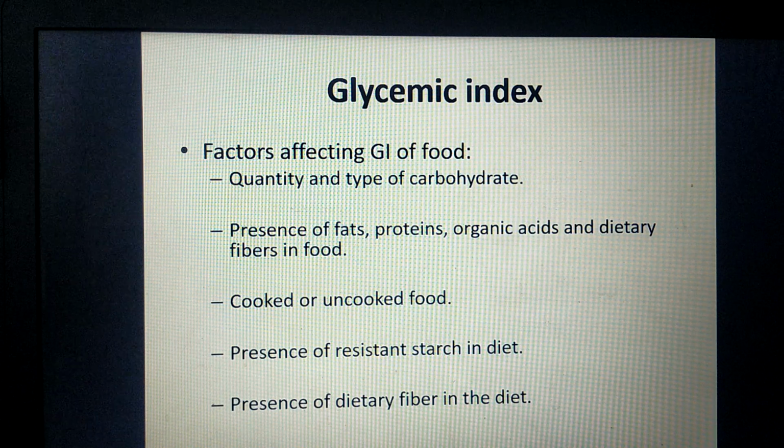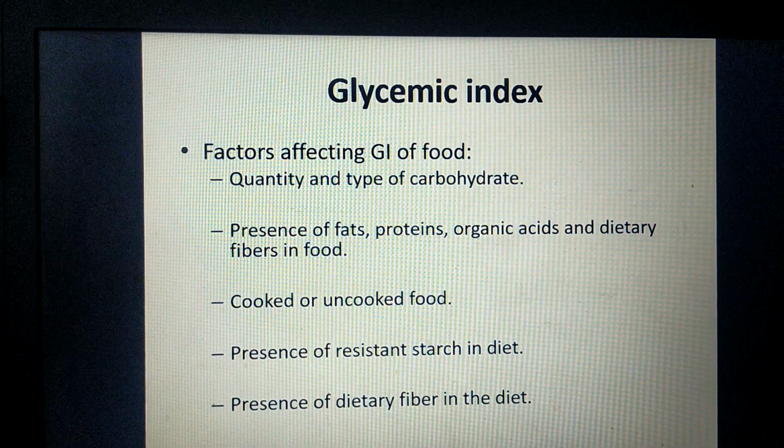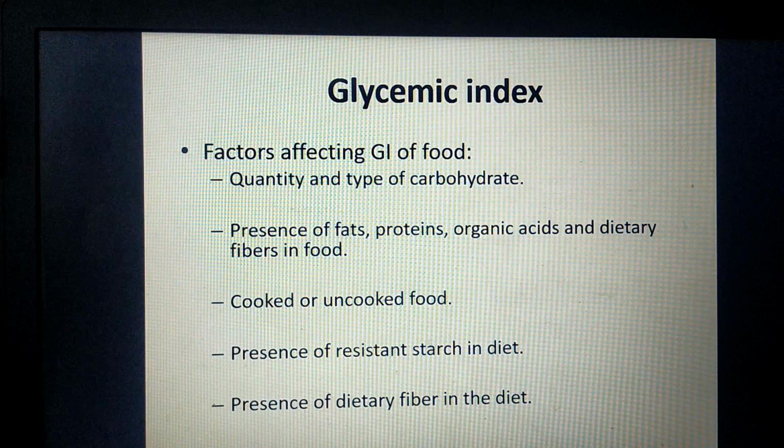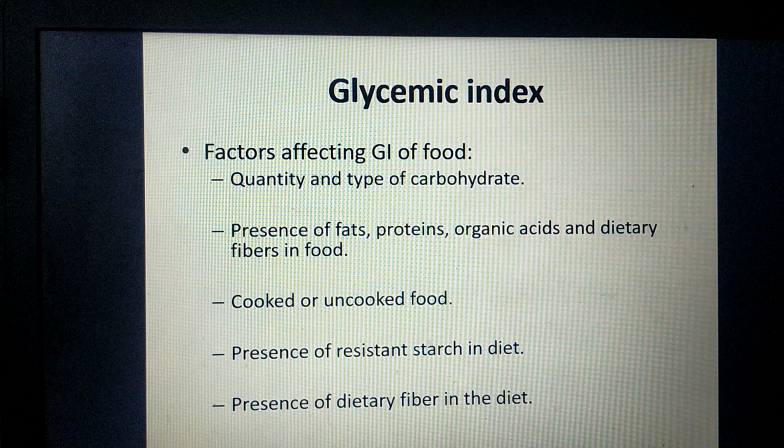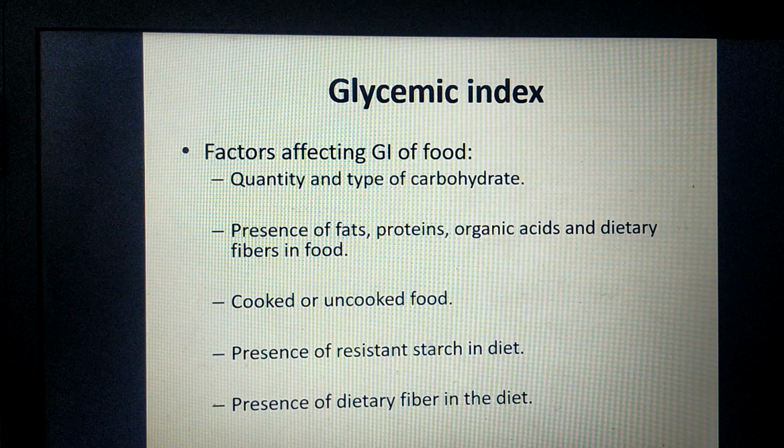Again, the mechanism is the same, by delaying the process of digestion and absorption. Also, presence of dietary fibers decreases the intake of carbohydrate. It means they form bulk of our diet, so we will consume less carbohydrate.